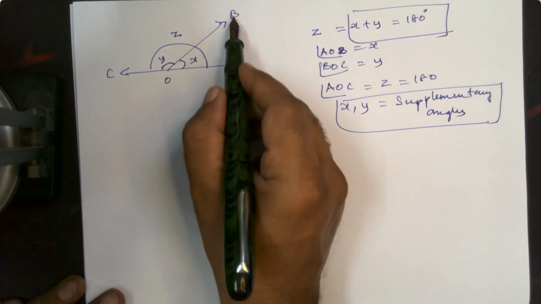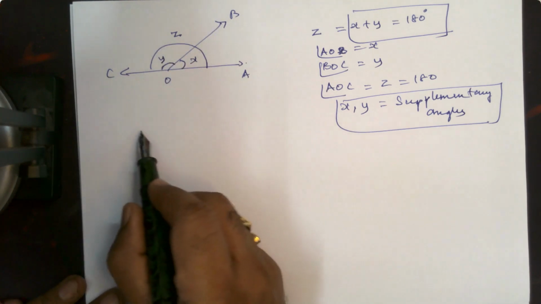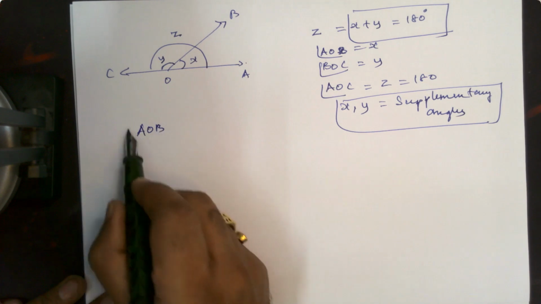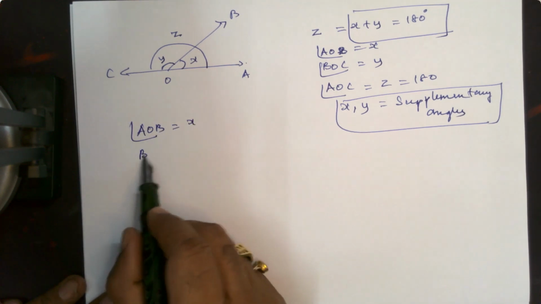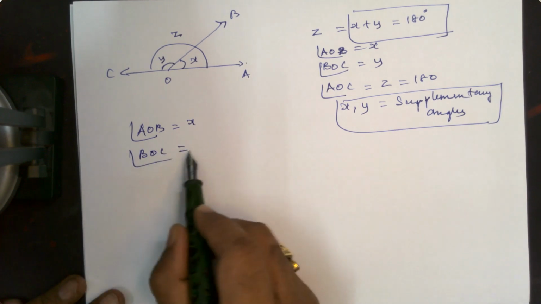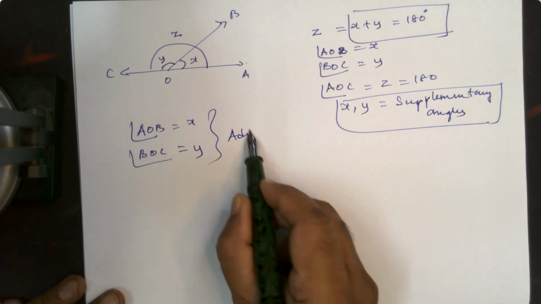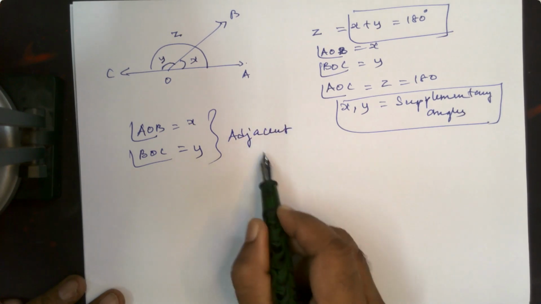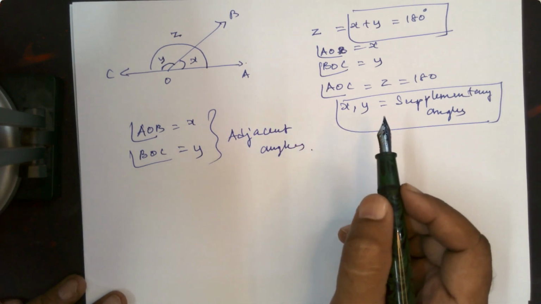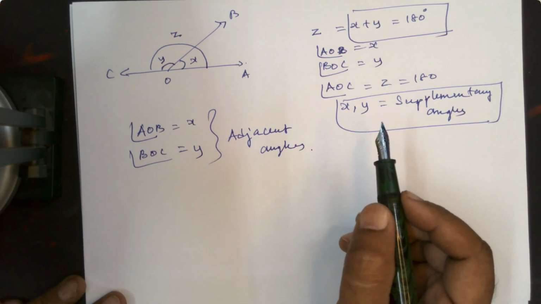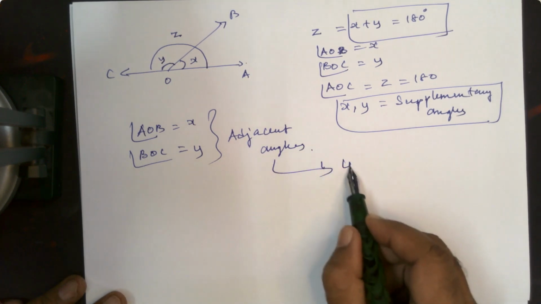And these AOB and BOC are adjacent angles. AOB is equal to x, then BOC is equal to y. So they are called adjacent angles. Now these adjacent angles become a linear pair of angles.